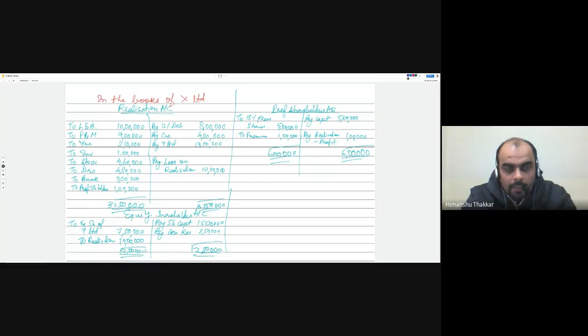We'll come to the adjustment of debentures in a while. While paying the amount to debentures, we'll have to look at the adjustment of debentures. See, right now I've written the amount of debentures. What is the point of debenture? Each debenture of X Limited discharged by Y Limited by issuing 15% debentures at a premium of 60. So you can make out that for the debentures of 8 lakhs, nominal debenture is 100.